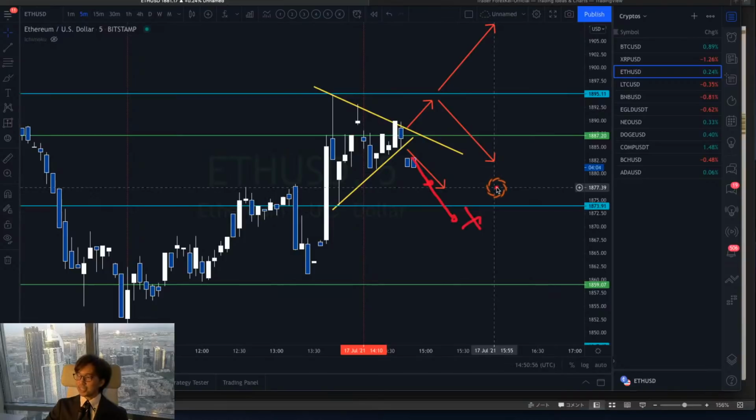I usually exit before the price hit the stop loss. In this case, if I take 2% risk per trade, if the stop loss is calculated to be 2%, and if I exit here, that will be only 1% risk per trade. I lose 1% of my whole capital and save the rest to trade on other opportunities.